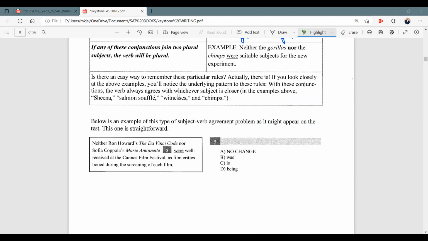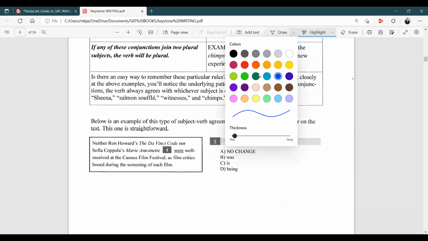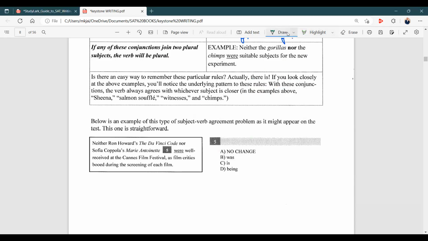Okay, so what about this one? Who's ready for this example? Mazen, I want to hear you. Are you there? Yes, I'm here. What's your choice for number 5? That's "neither...nor". I think B. Okay, why B?